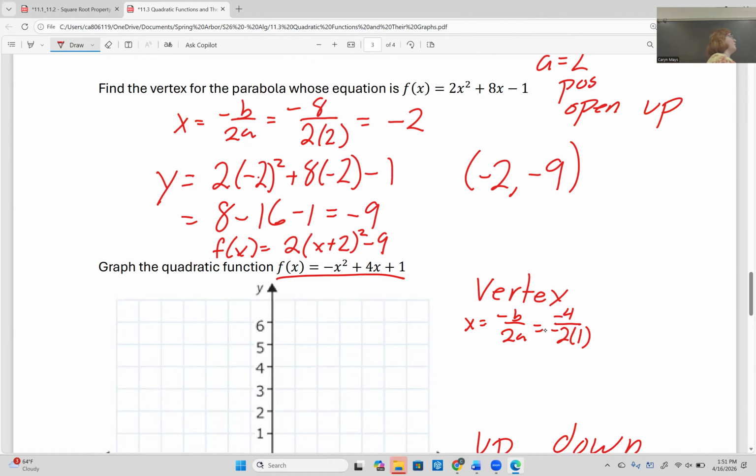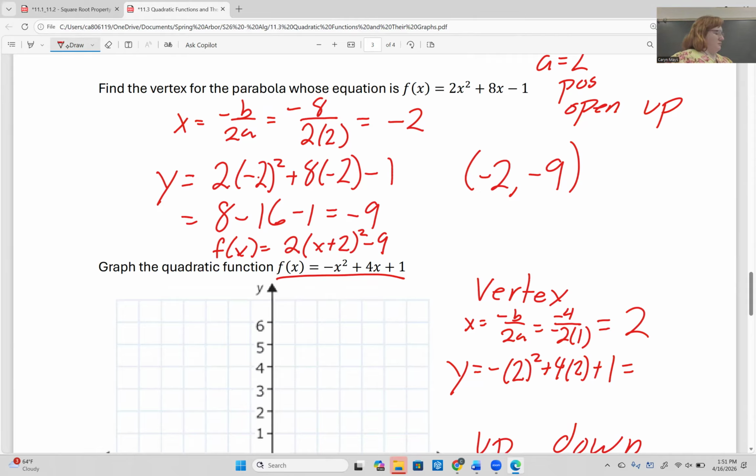So we have negative 4 divided by negative 2. Positive 2. There is a formula for y, but we can do it faster by just plugging in here. So I want to plug in 2 to all the x's. So y is negative 2 squared plus 4 times 2 plus 1.